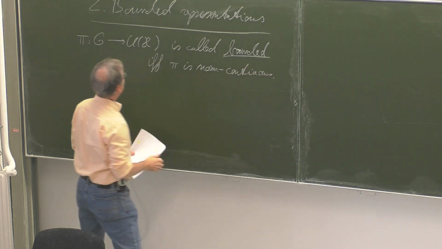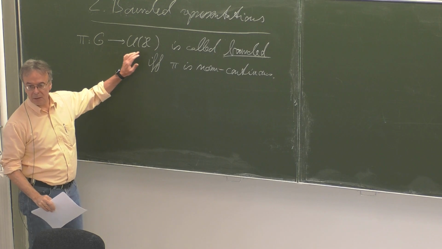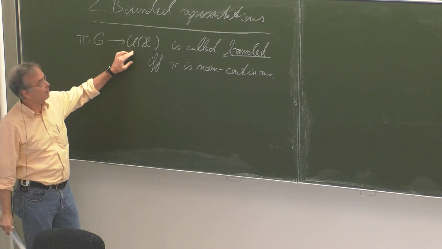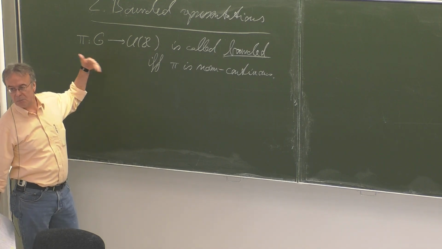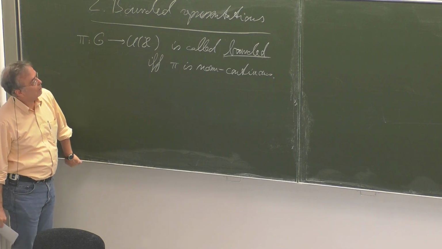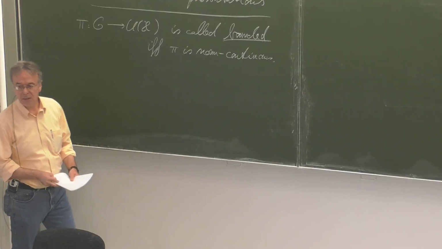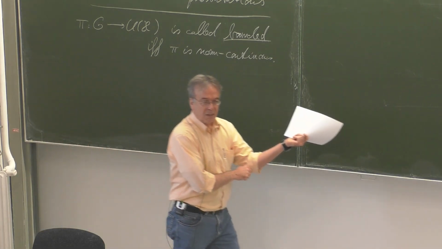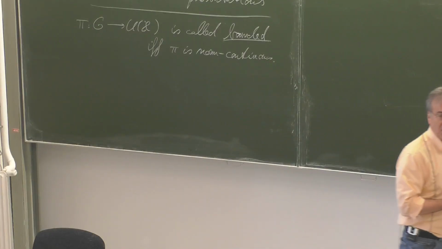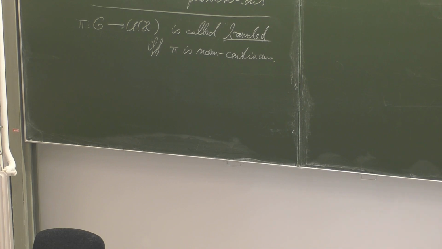Norm continuous means that on the unitary operators, you take the norm topology. On G, you have a topology because this is a topological group, and then you can ask for norm continuous unitary representations. For norm continuous representations, one has the key advantage that one can analyze them in terms of C-star algebras.